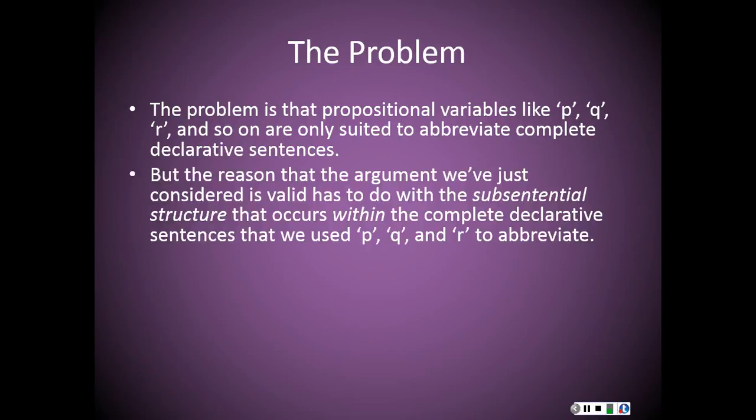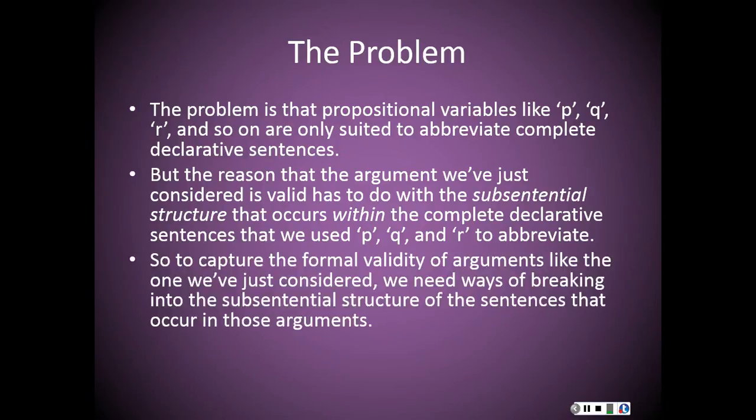But the reason the argument that we've just considered is formally valid has to do with the subsentential structure that occurs within the complete declarative sentences that we used P, Q, and R to abbreviate. And when we use P, Q, and R to abbreviate those sentences, we lose all that information about the subsentential structure of those sentences. So we lose a lot of the logical information that is contained in the structure of the argument we were considering.